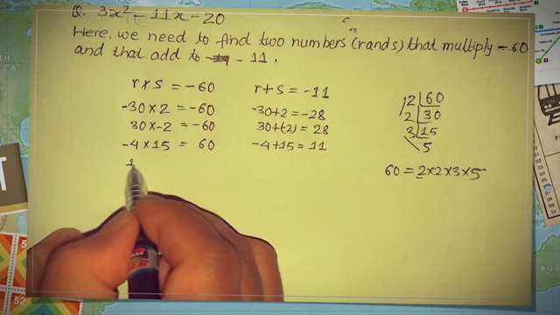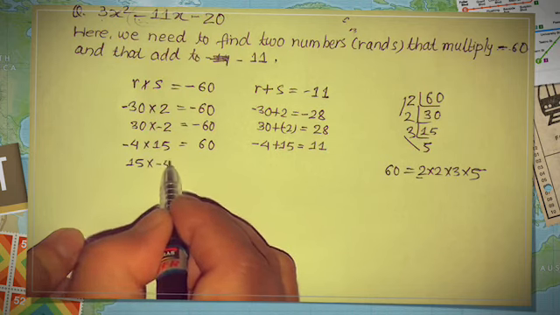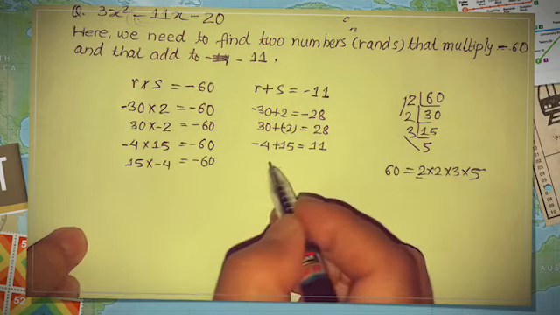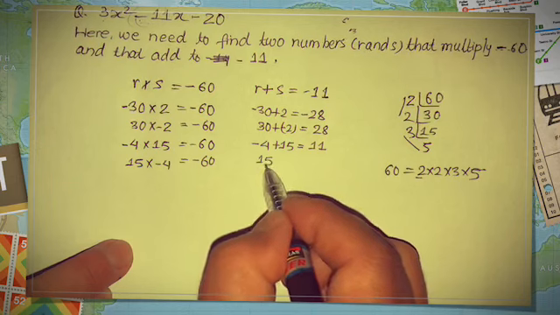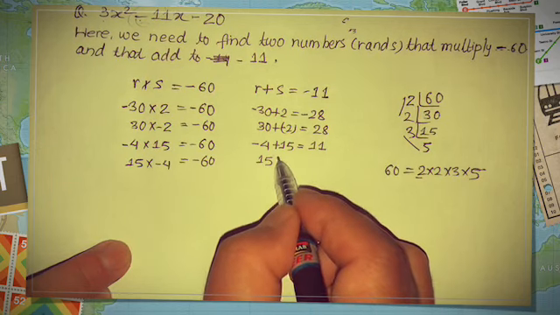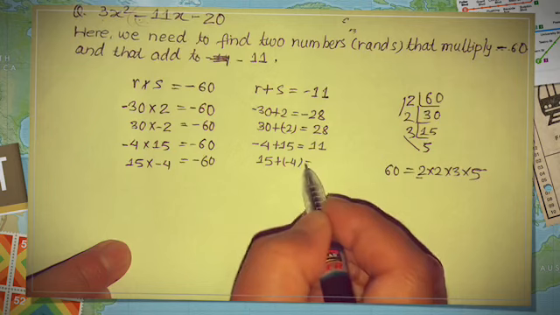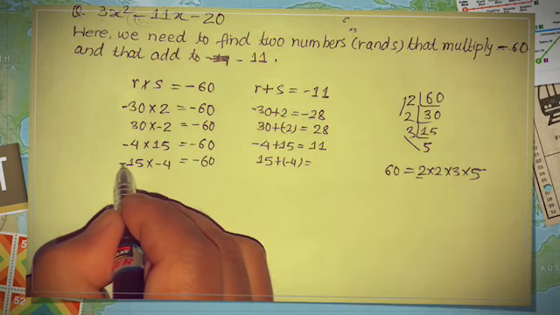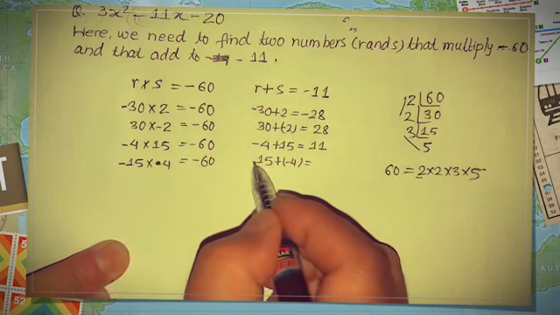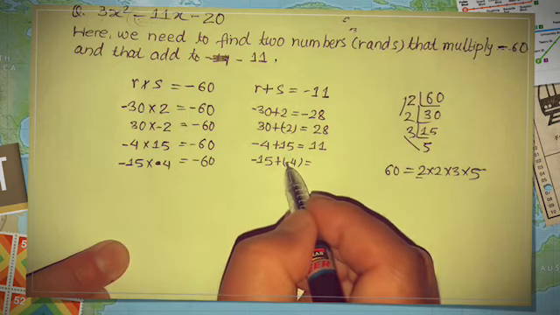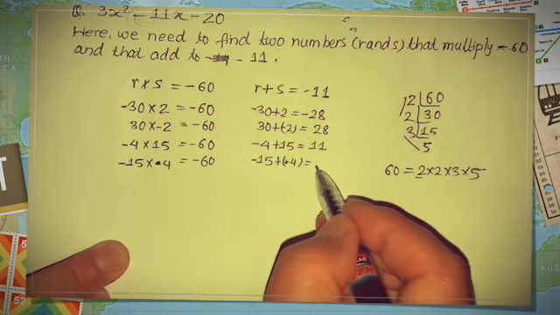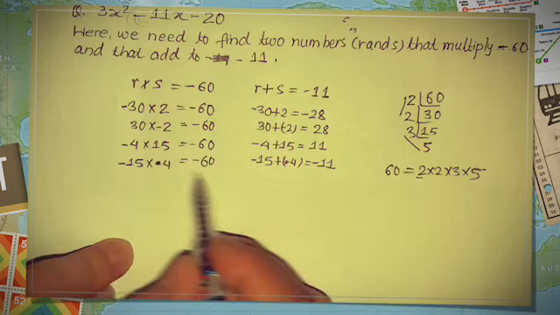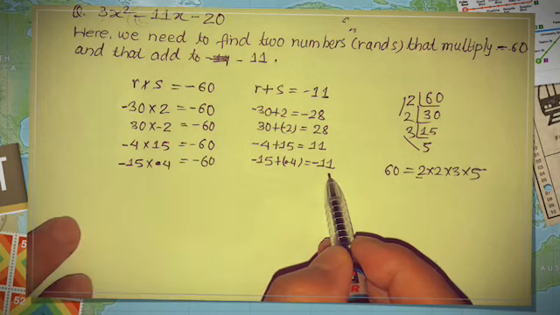Another, 15 times minus 4, it is also minus 60. So let's check their sum. Okay, this minus 15 plus 4, it is minus 11. Okay, so this is the number which we want.